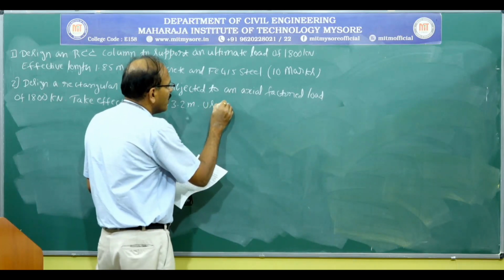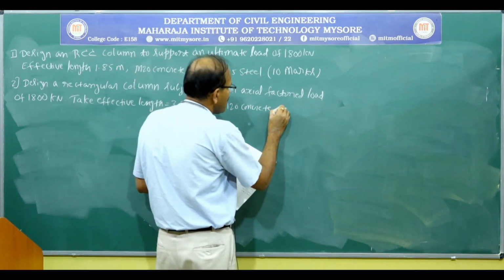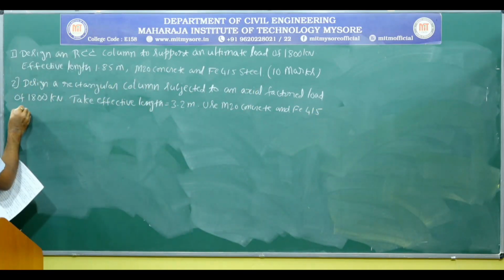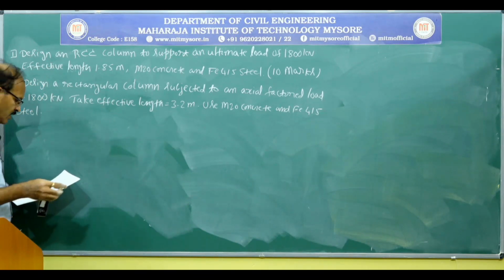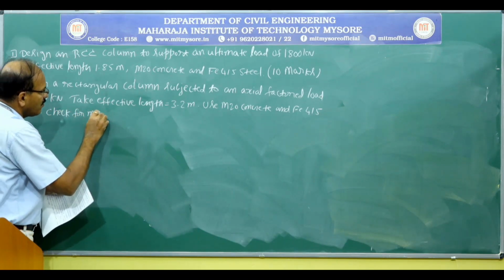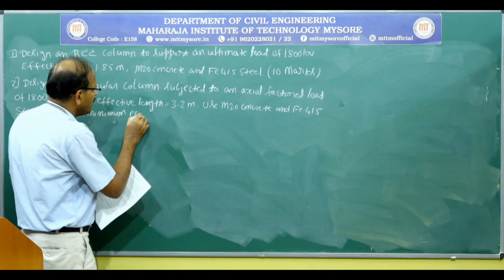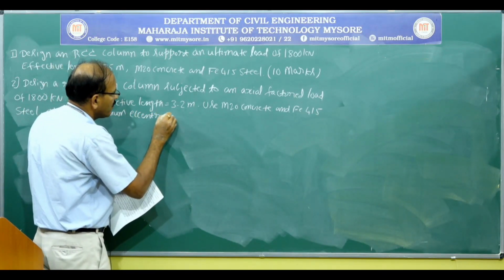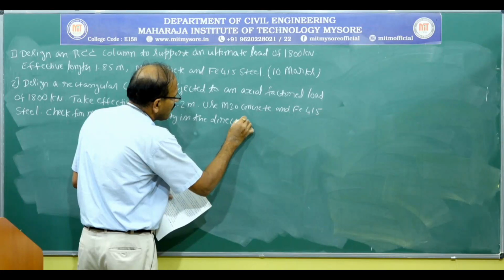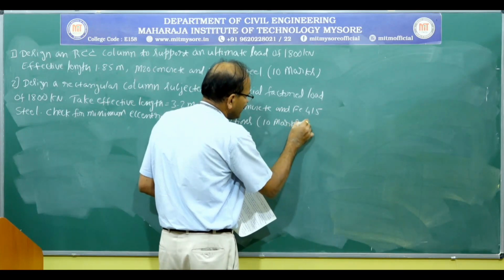Use M20 concrete and Fe 415 steel. Check for minimum eccentricity in both directions. So 10 marks.